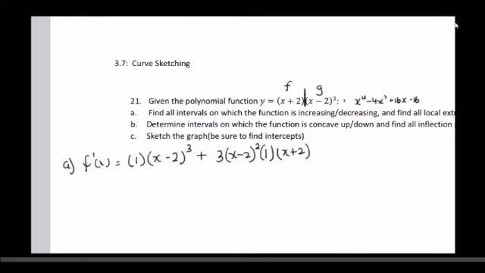So now we look for common factors between the left and right side. That plus sign right here separates the problem into a left and a right side. So the left and right side both have an (x minus 2) squared factor. That leaves, from the left side, an x minus 2. And from the right, that would leave a 3 times x plus 2.